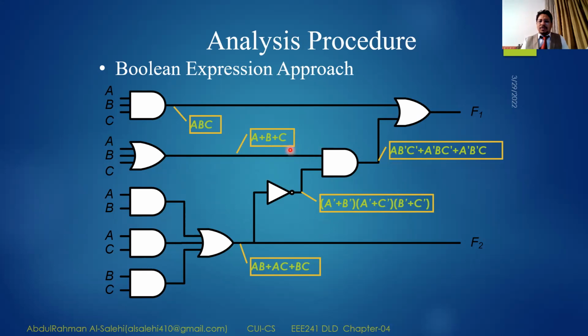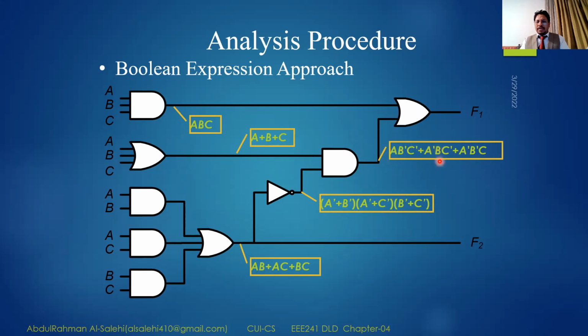Then C into A prime and B prime will be here. The main thing is that you cancel A with A prime, or B with B prime, or C with C prime, according to the postulates and theorems which we have done in chapter 2. So this is the simple way of their simplification.